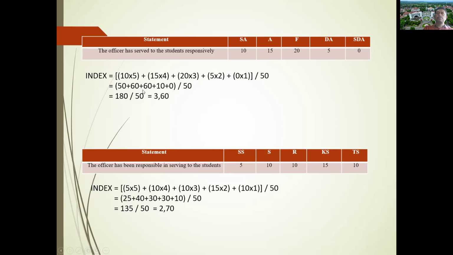So the index would be 180 divided by 50 equals 3.60. Meanwhile, for the indicator the officer has been responsible in serving the students, the index would be 135 divided by 50 equals 2.7. It's like that. It's very, very easy.